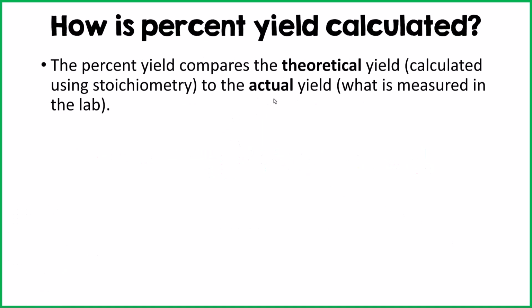And the percent yield compares the theoretical yield, which is calculated using stoichiometry, to the actual yield. So in a lab, what can actually be measured as far as number of grams.